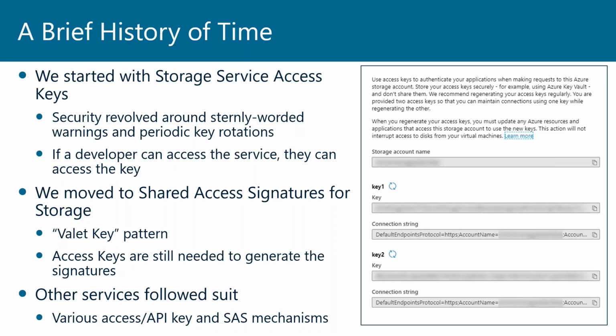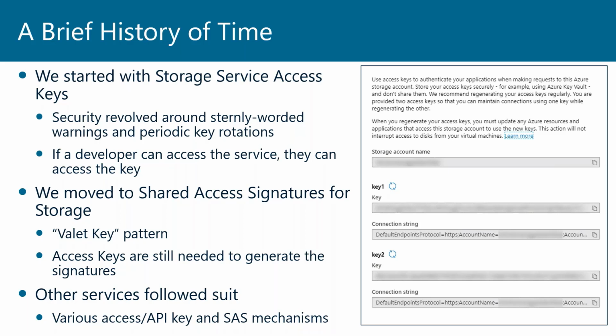You could generate a special key that applications or other people could use to access the information in storage, but it was restricted in terms of the scope of what it could do, and in some cases in terms of where the request could originate from. Also, these keys tended to have a limited lifespan as well, after which time they weren't useful and needed to be refreshed or replaced.